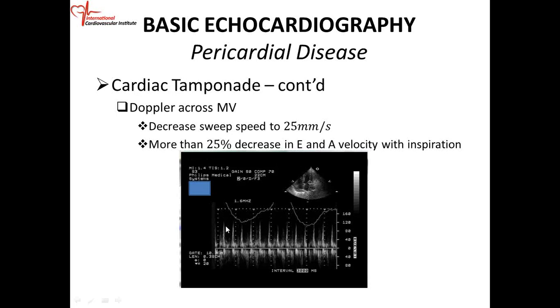Okay? With inspiration, you're going to get a decrease. So if you get a decrease in your E wave with inspiration by more than 25%, then that's also very suggestive. Okay? So more than 25% decrease in your E wave with inspiration, your mitral inflow.